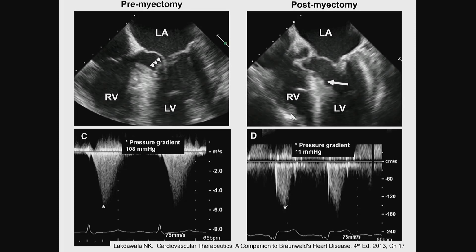In this patient with medically refractory symptoms, after myectomy, the trough is clearly visible and SAM is no longer present during systole. Associated with that, there has been complete amelioration of the outflow tract gradient, which had previously been over 100 and is now 10 millimeters mercury, or essentially physiologic.